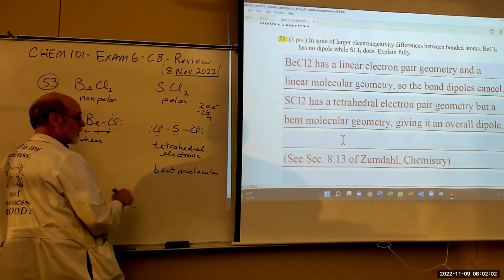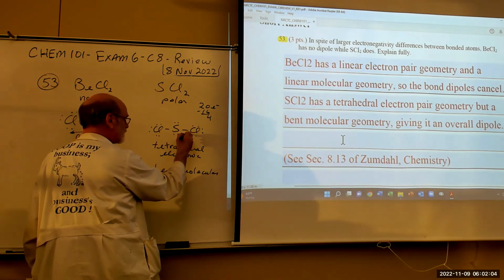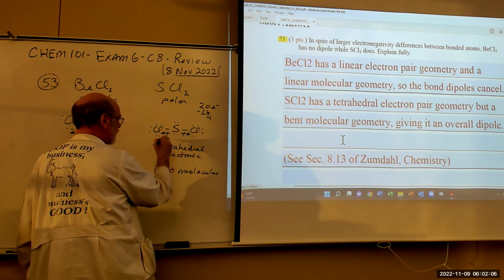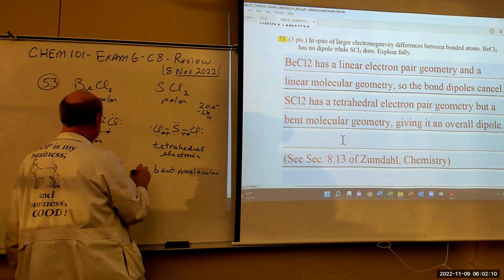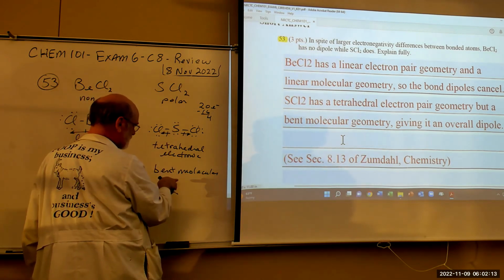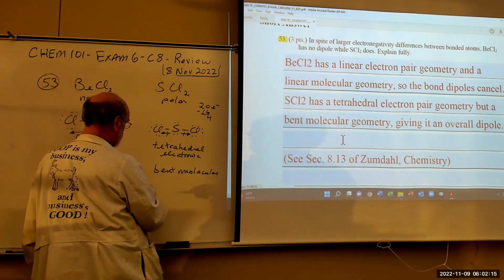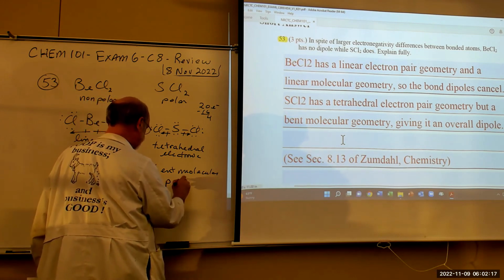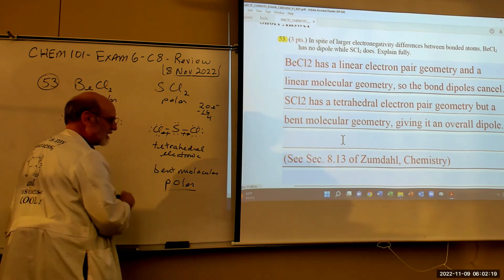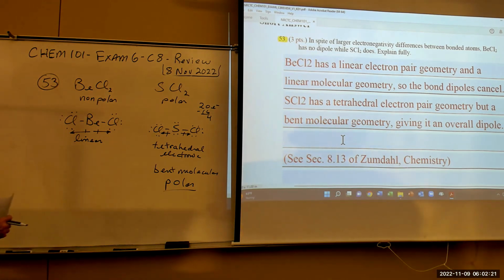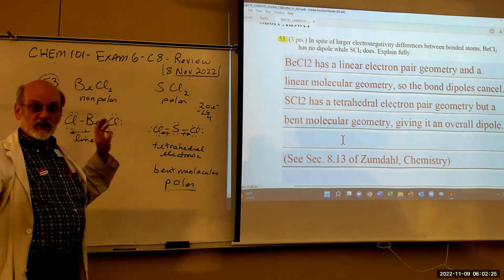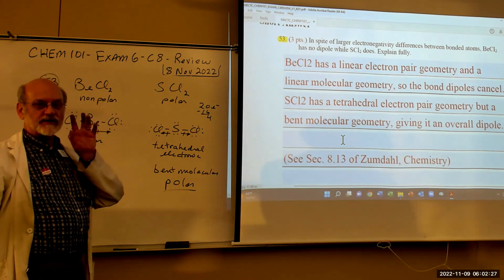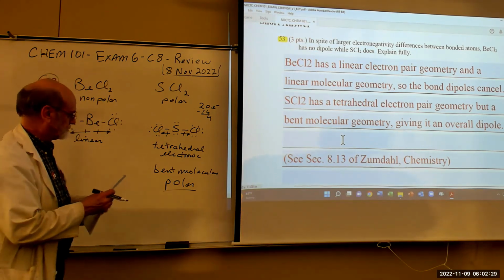All right. So that means that the dipoles here and here are additive. That means this one, since it's a bent molecule, is polar. Right. That explains the polarity. It's not just the polarity of the bonds, it's the geometry that matters.